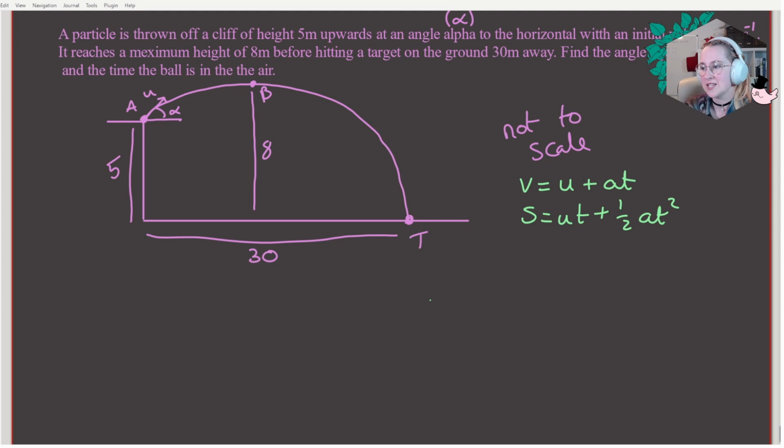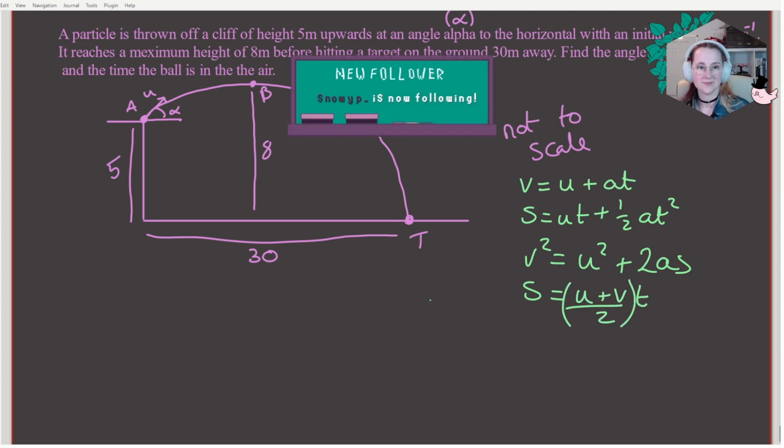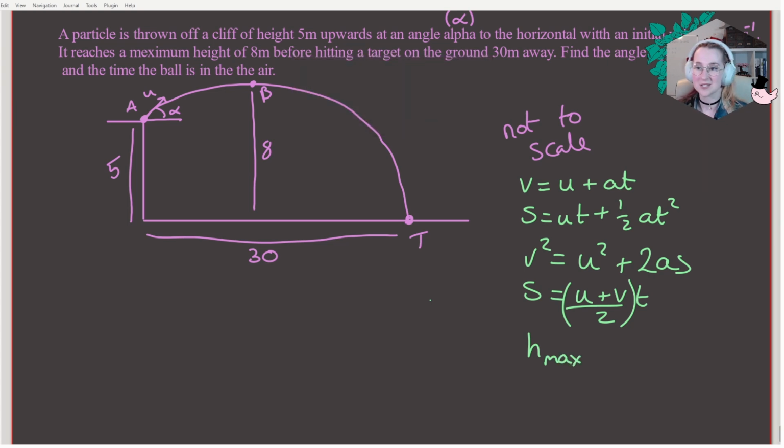Yeah, so s is ut plus half at squared, v squared is u squared plus 2as, and s is u plus v over 2 times t. And then the other one that in this case is going to be useful because we just did it, so I wrote the question that helped: our h max is equal to u squared sine squared theta over 2g.